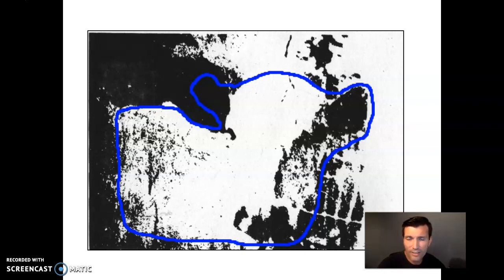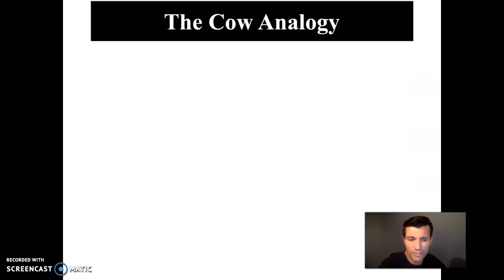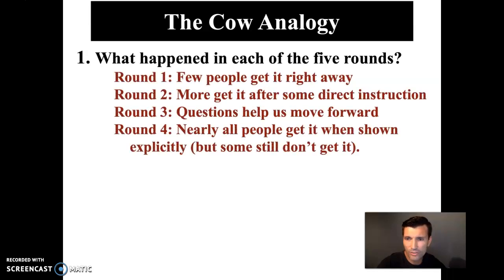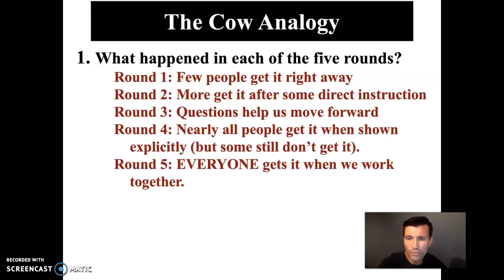So seeing the cow in here and the jobs for people to see the cow is analogous to the way I want students to treat each other. So in each of the 5 rounds, there's a little bit of narrative here, but we only get to the everyone understands level when we work together and when we work together strategically. But working together is often very loaded.